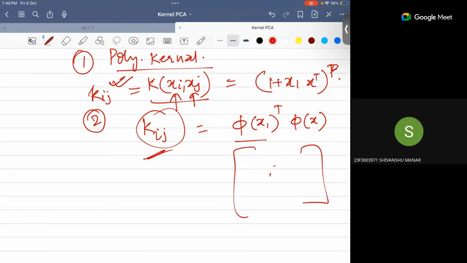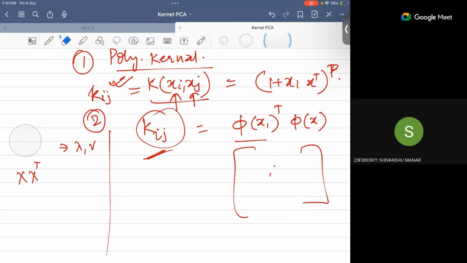Now see, we have already dealt with X X transpose, where if I have the eigenpair lambda and v. We have dealt with X transpose X, then we can calculate W as some combination of X transpose v upon root of n lambda, correct?